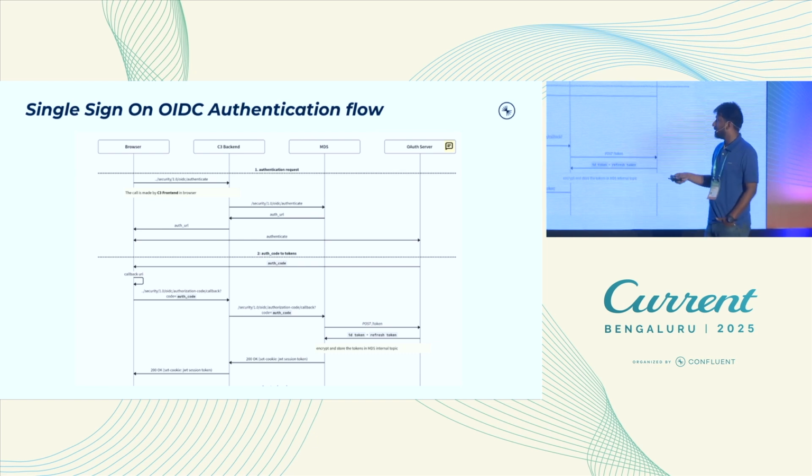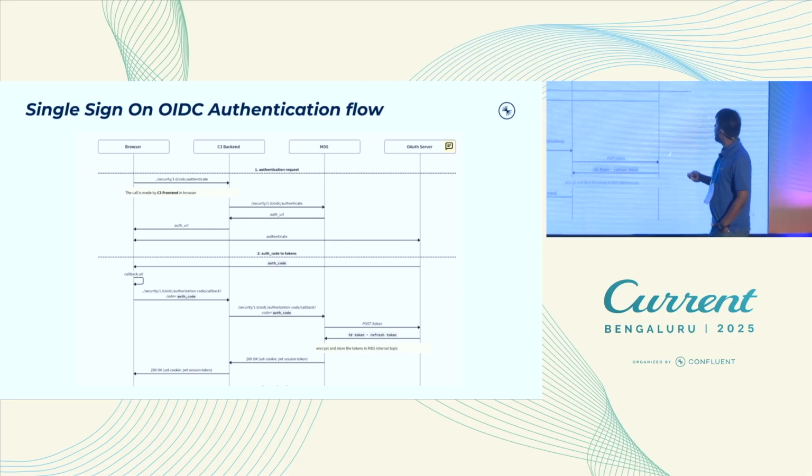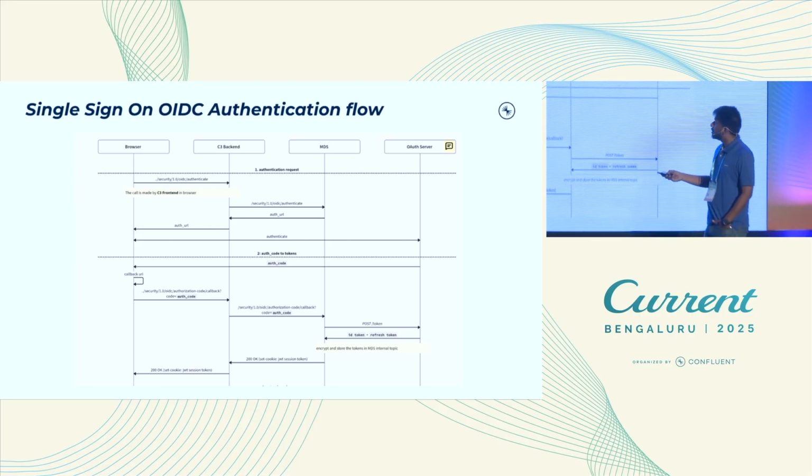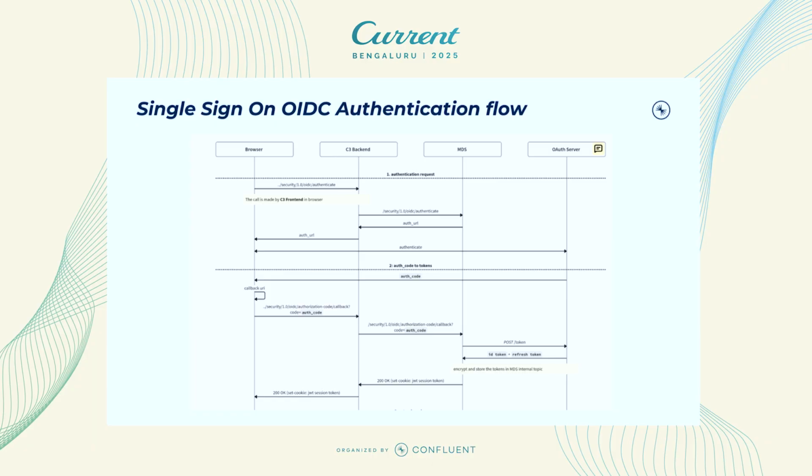In this case, it's C3. So my identity provider will redirect me to the C3 endpoint with the auth code. You can see this is the format of the callback or redirect URI, in the format it should be. And the auth code is the token generated on the successful authentication of the user.